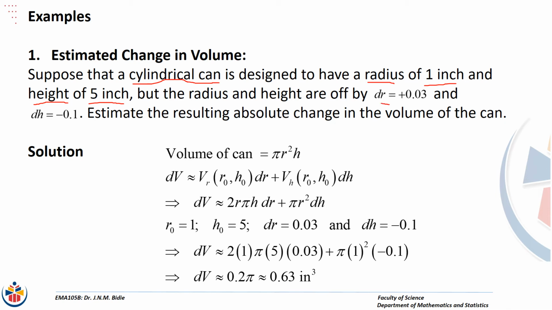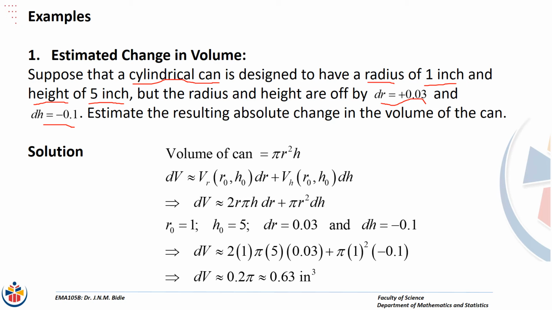The small change, you added 0.03 to your radius, and your height is short by 0.1. So note the addition. That means you went off the mark, you added 0.03. That's why there is a plus there, and your height is less by 0.1, hence the negative.